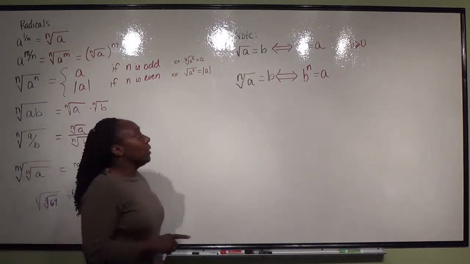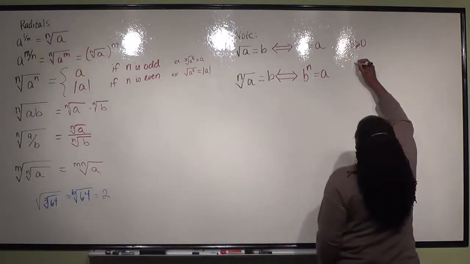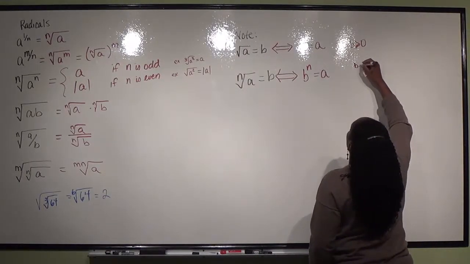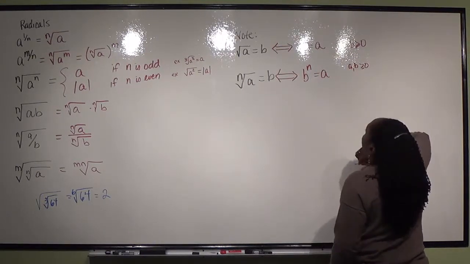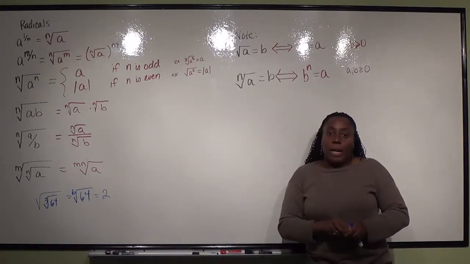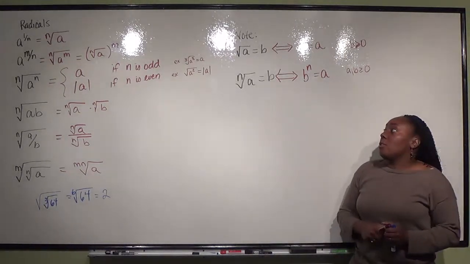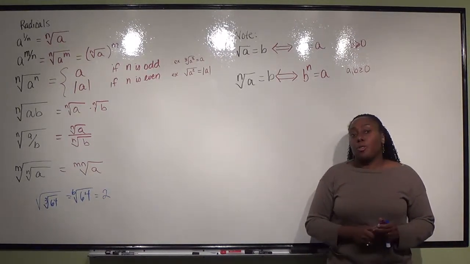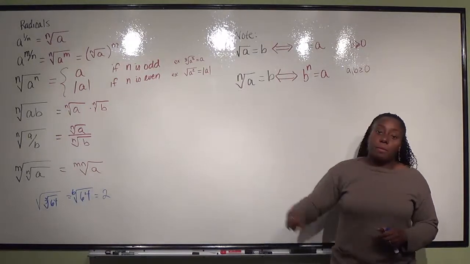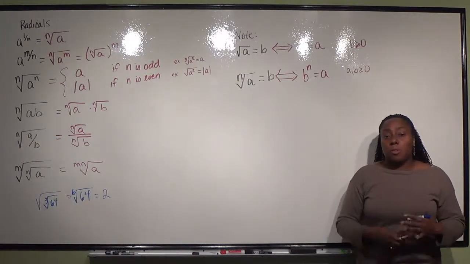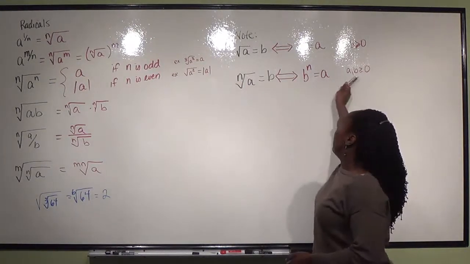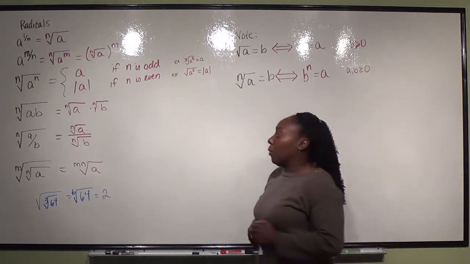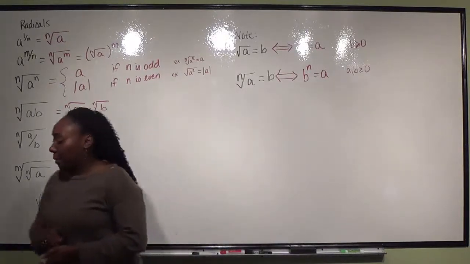This is true if b and a are both greater than or equal to 0. If your b or your a happen to be negative, then you have to be very careful about what your n value is doing. Even roots versus odd roots of negative numbers are very different.